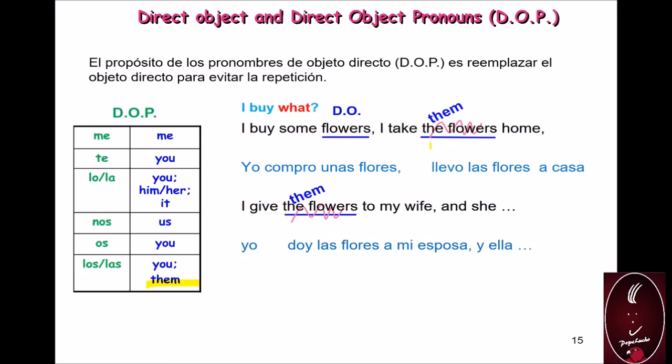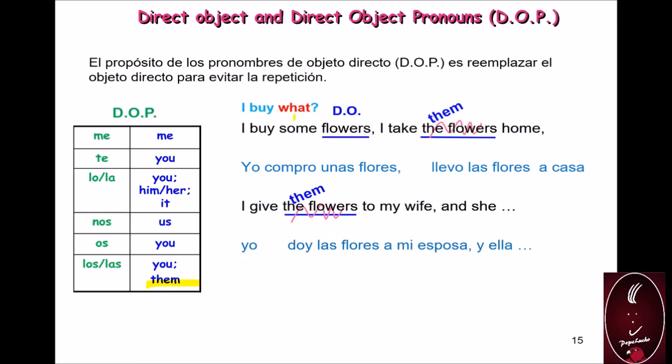I translate these sentences into Spanish. Yo compro unas flores, llevo las flores a casa, yo doy las flores a mi esposa y you know. Let's identify the direct object in the first part of the sentences.